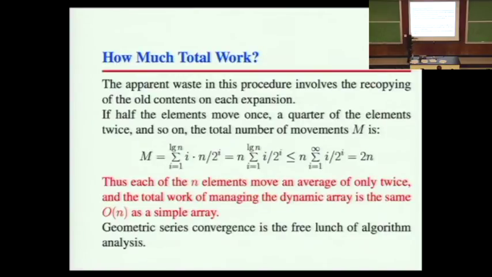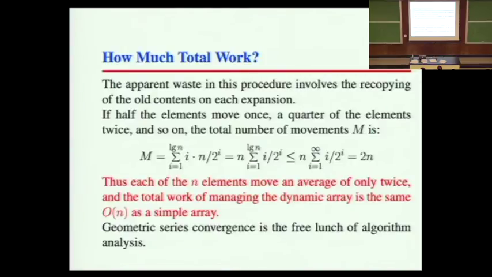All right, so here if i is 1, we get n over 2 and we get 1. All right, we did that. Then we get n over 4, and then i is 2. Then i is 3, you get n over 8. Okay, we're doing it right. So when you have n over 8 elements, you do work on them thrice: they get copied twice, and then they get inserted once.